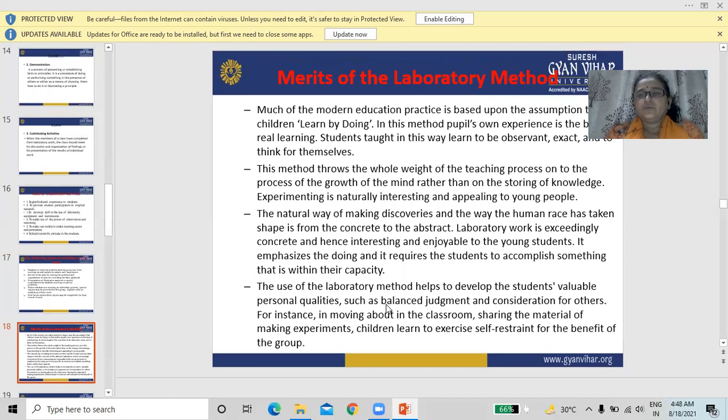Now we will discuss merits of laboratory work. Laboratory work has a lot of advantages and merits. We will discuss here.